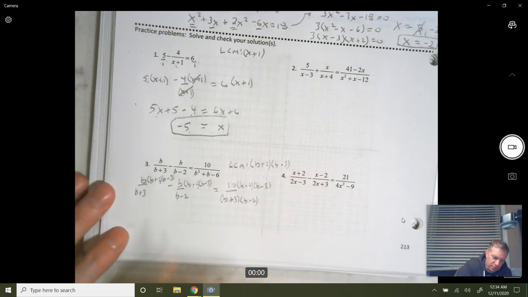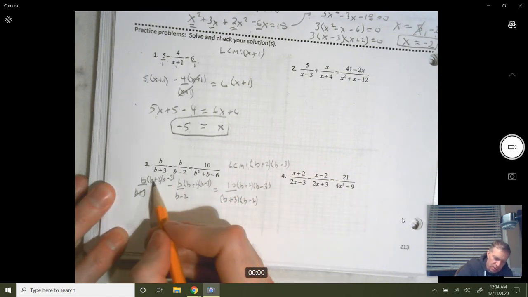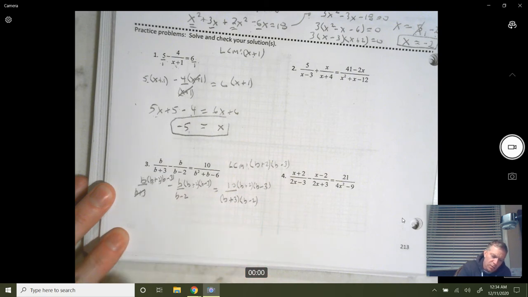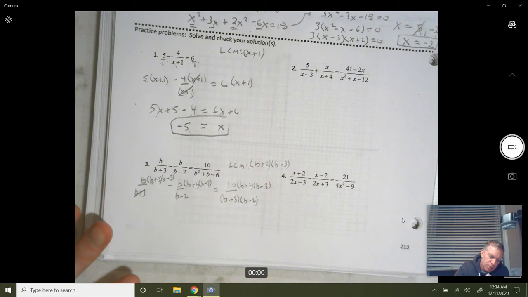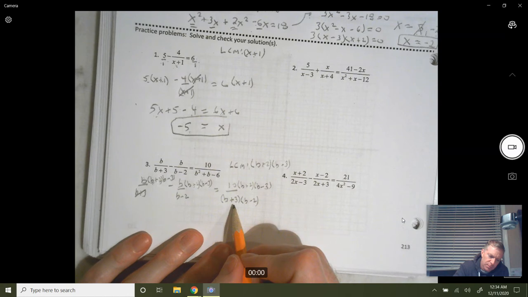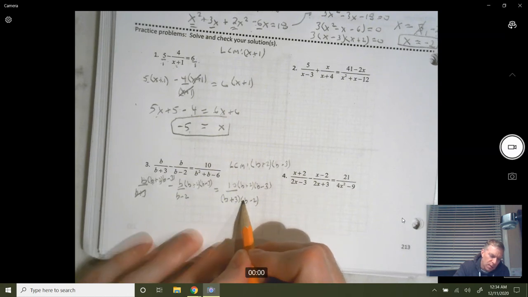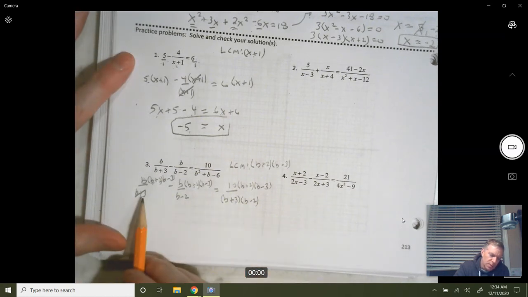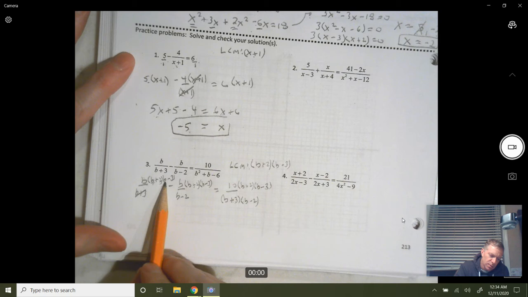Fun part, knock out those denominators. B plus 2, b minus 3. Oh, that doesn't quite work out, does it? Let's see. B plus 2, b minus 3.